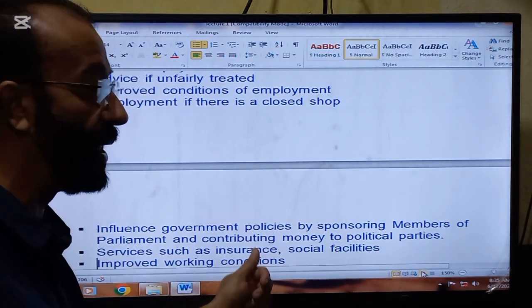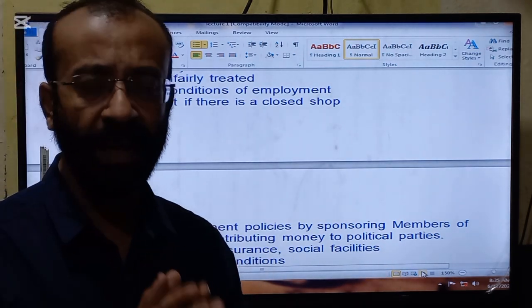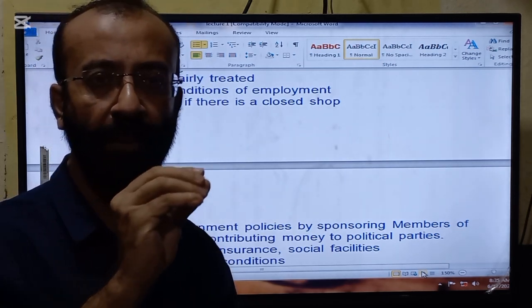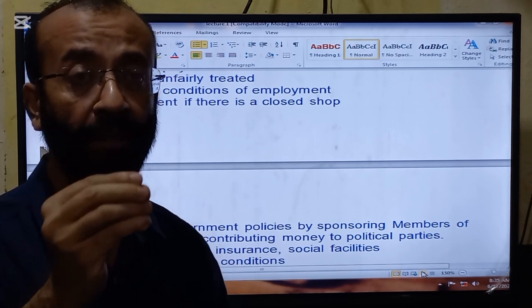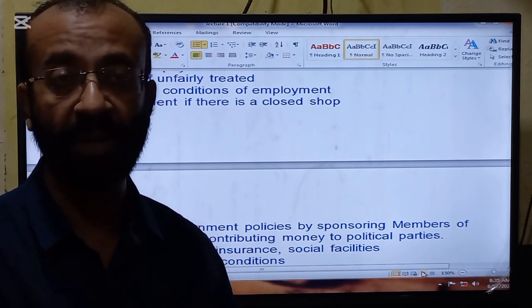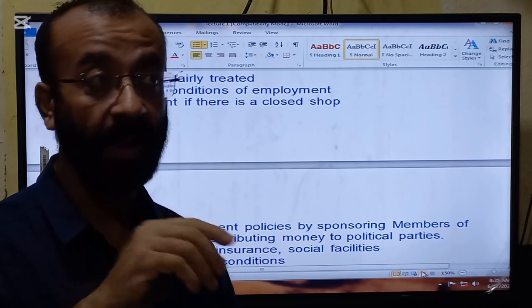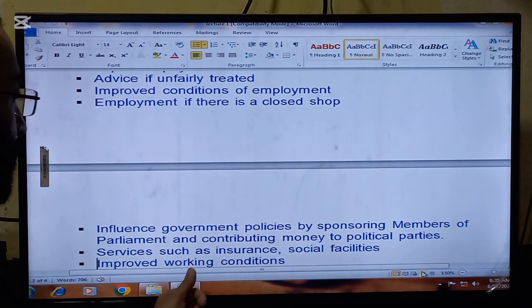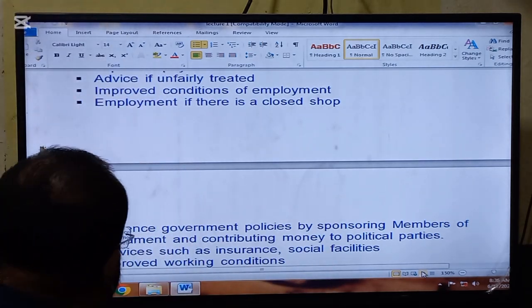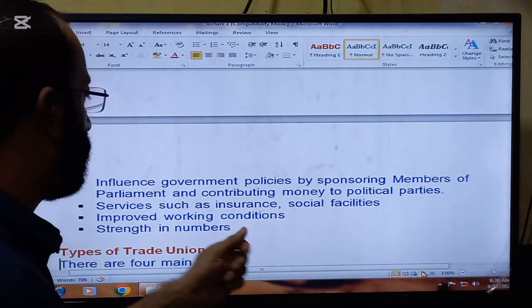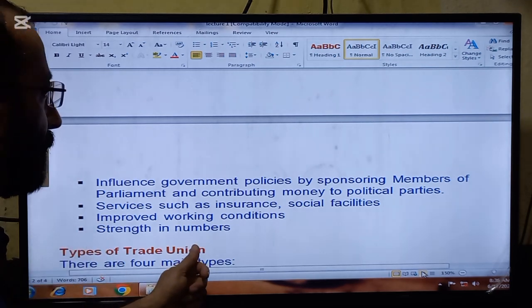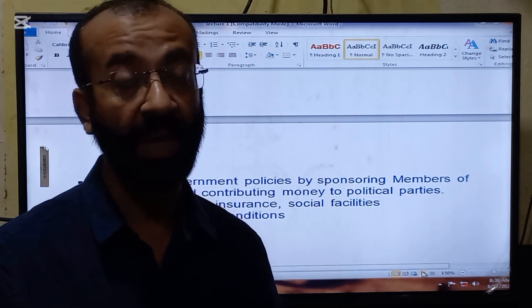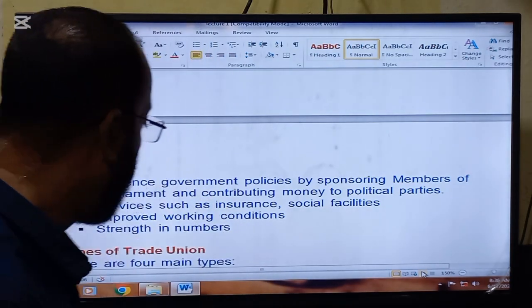So trade unions also influence the government policies by financing the political parties or the members of the parliament by sponsoring them. Services such as insurance, social facilities, improved working conditions, and strength in number.